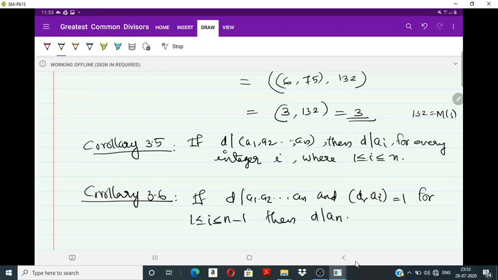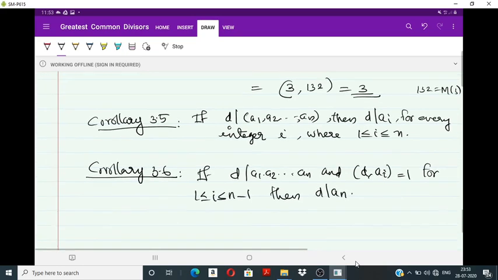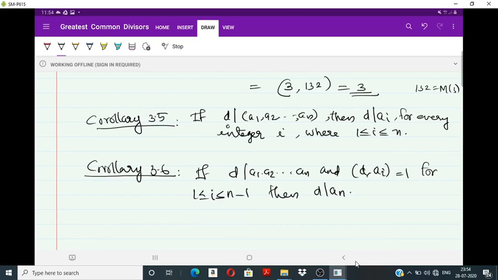So this is an extended version of Euclid's lemma. That means if A divides BC and GCD of A comma B equal to 1, then A divides C. This is an extended version.